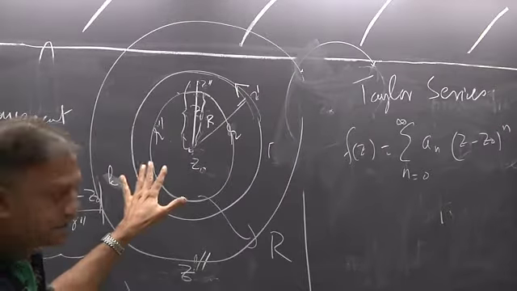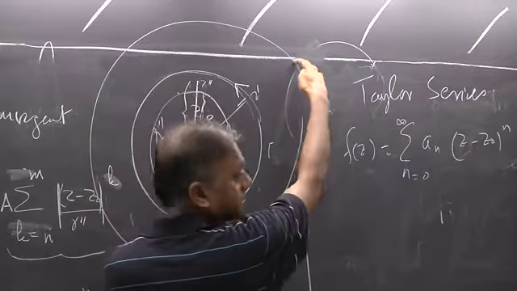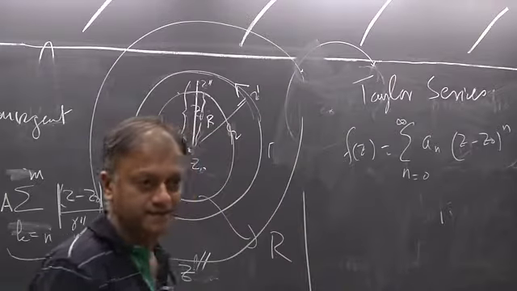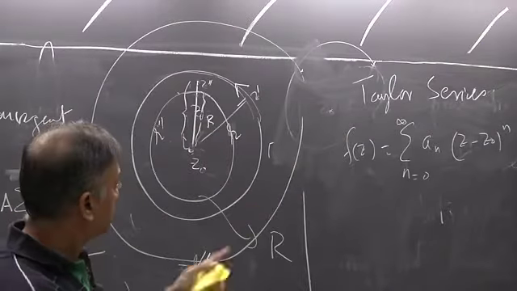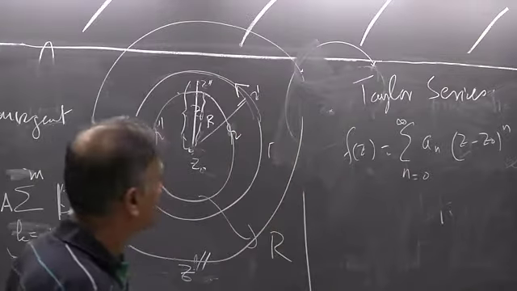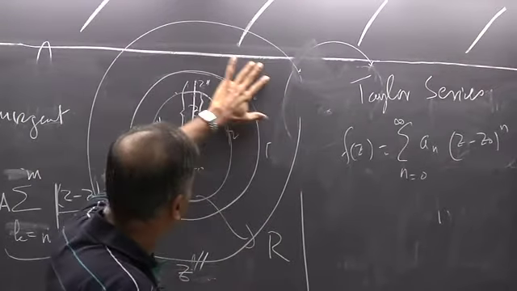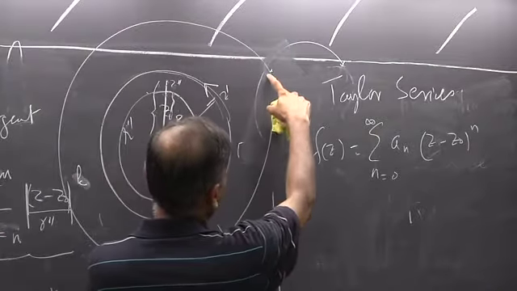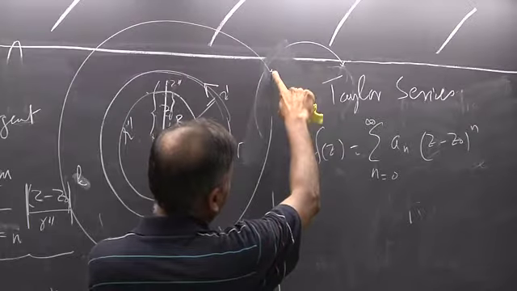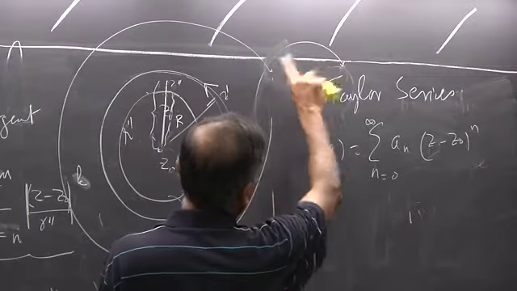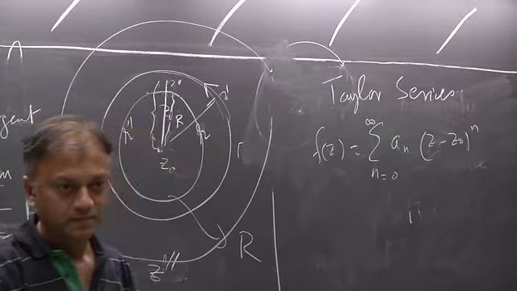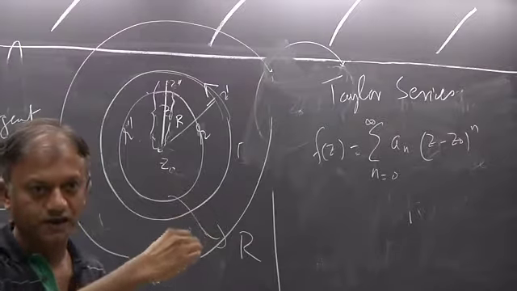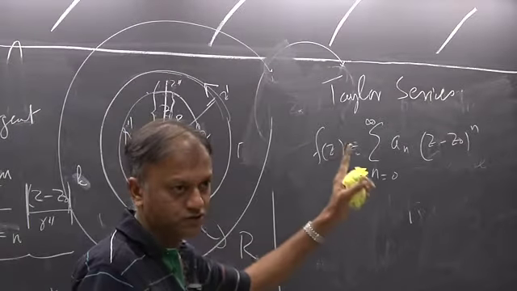Instead of choosing this radius, you can choose that radius, and since inside this disk there is no singularity, the expansion would be uniformly convergent. The nearest singular point is outside, but you can go as close as you wish, not exactly passing through the singularity.